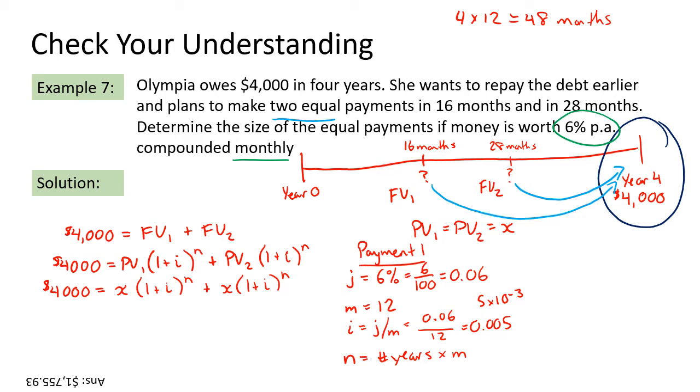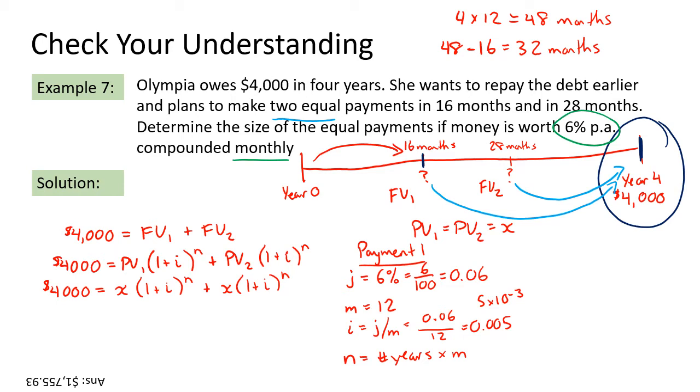So we want to find the difference from this period in time to this period in time. So that means we can find that total number of months because it's 48 months, the period at the end, minus how many months have gone by, right? 16. So minus 16, and we get that we actually need to find the future value 32 months into the future from this period in time.